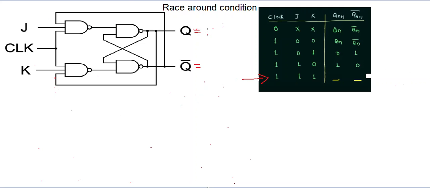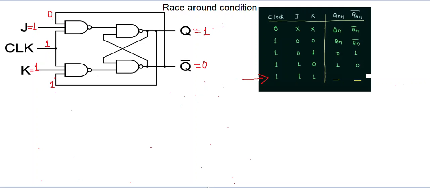So let's try to understand this with the help of the JK flip-flop. Let's assume the Q output is 1 and Q complement is 0. There is a feedback, so this becomes 1 and this becomes 0. And your J is 1, K is 1, and clock is 1.